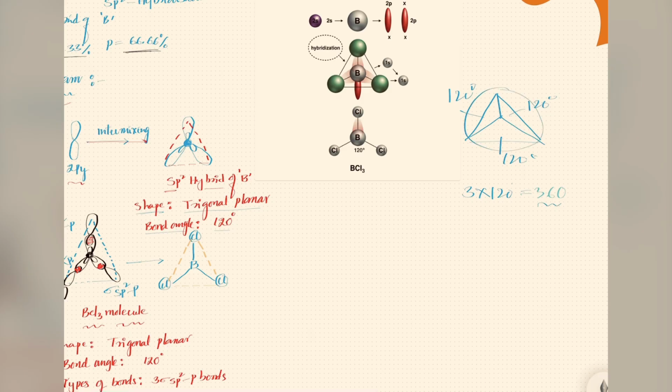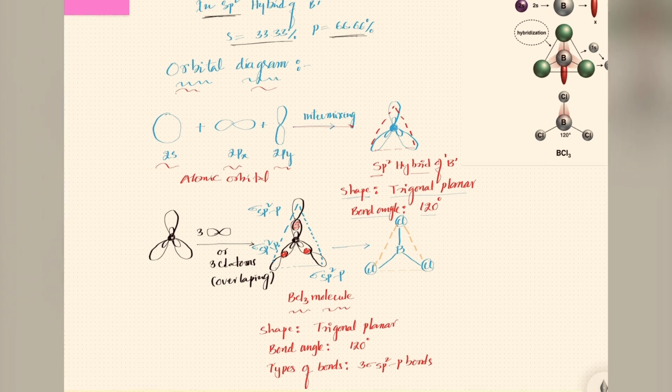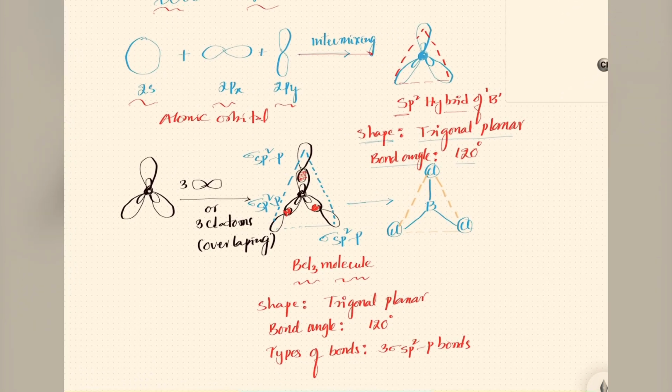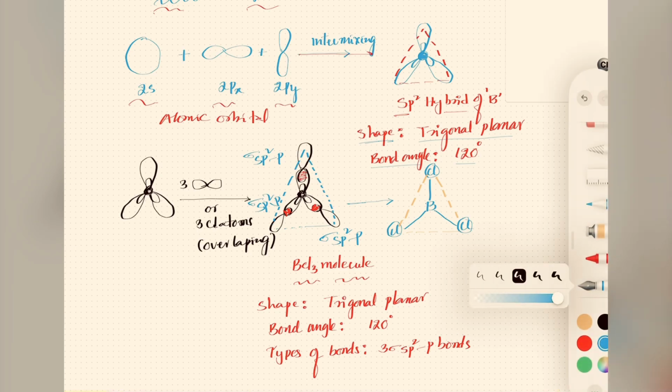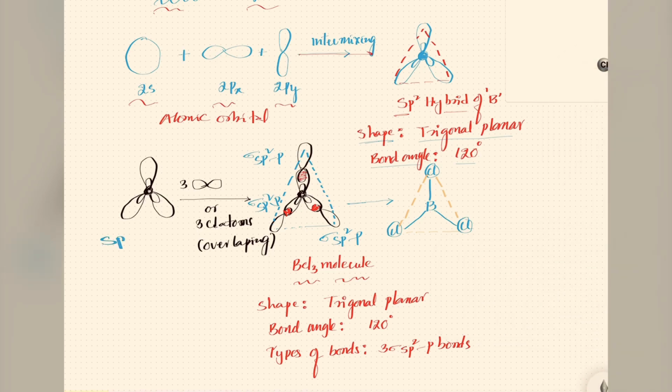So that is the shape of our hybrid. Clear? This hybrid can overlap with the orbitals of chlorine. Which hybrid is it? The sp2 hybrid of boron overlaps with the three chlorine atoms, or three chlorine orbitals.